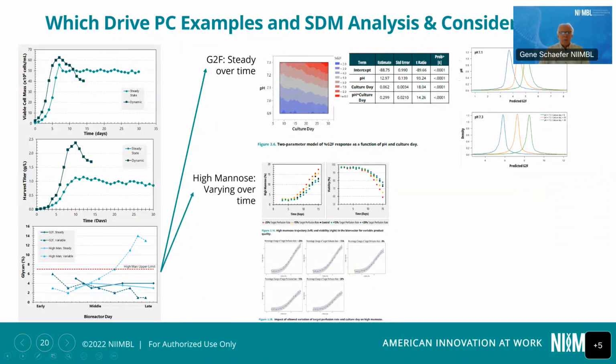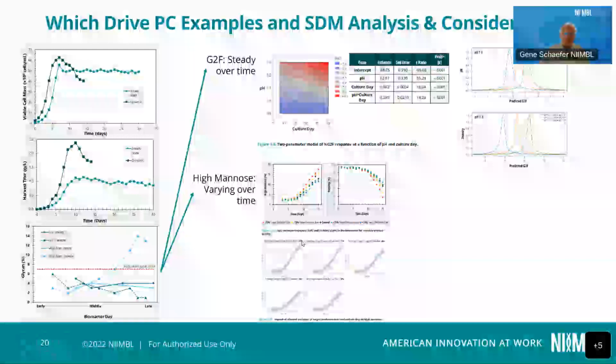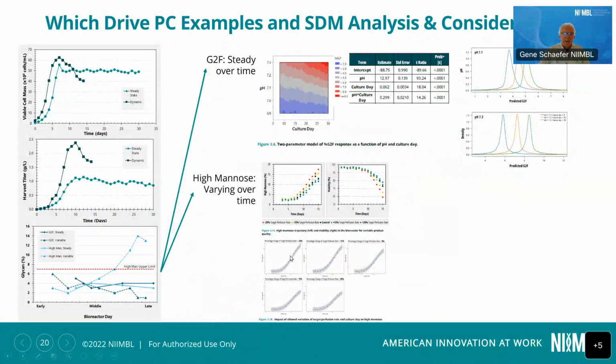We also looked at the case where you have a more variable quality attribute over time in the bioreactor and generated data, in this case, as a function of perfusion rate, so that lower perfusion rates gave higher levels of high mannose and lower viabilities, and then did some Bayesian modeling to look at probability predictions, probability envelopes really, at different perfusion rates for that high mannose attribute.